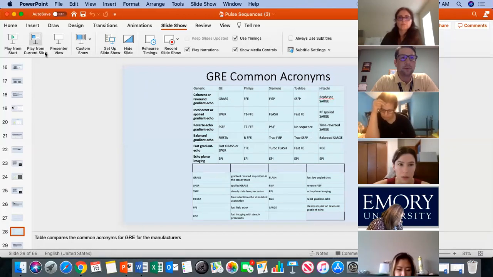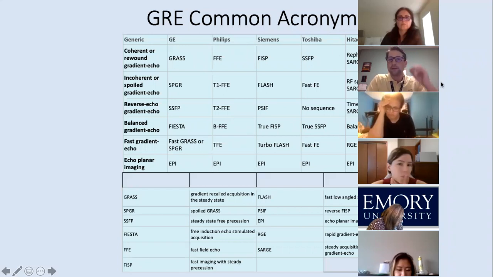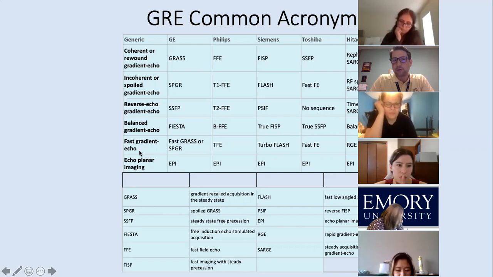All right, if no more questions, we'll start from here. So once again, I made a table of some of the common acronyms that you're going to see when we're talking about gradient echoes. These are the generic names, and this is how I'll describe them as we go through. We have coherent, or sometimes they're called rewound, gradient echo pulse sequences.